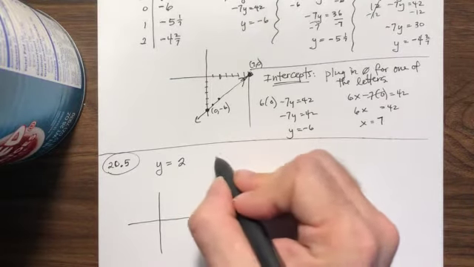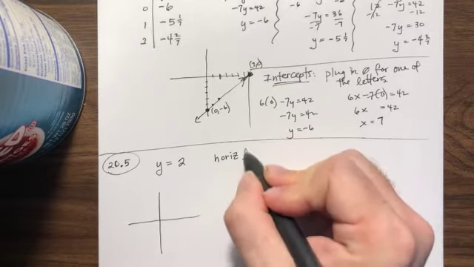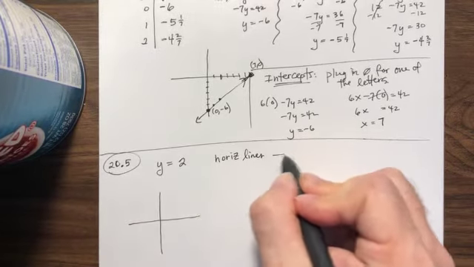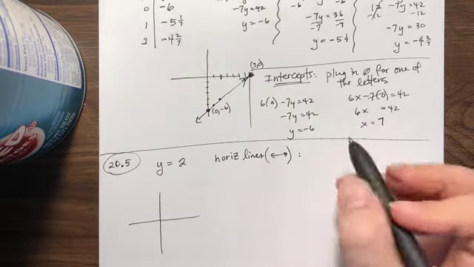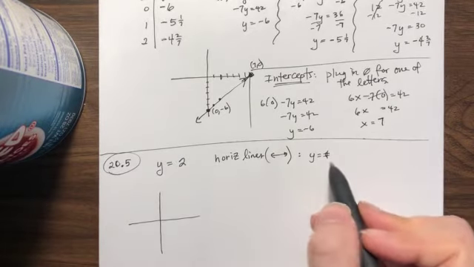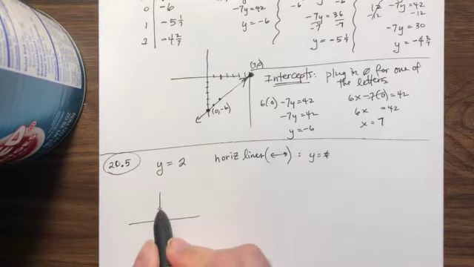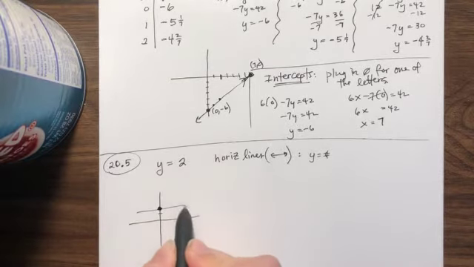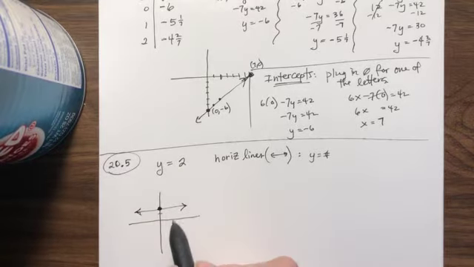Now, here's the thing I have to remember is that horizontal lines, which look like this, by the way, are always y equal to a number when you write out the equation. So since this is y equal to 2, we're going to go up to 2 on the y-axis, and we're going to draw a horizontal line. And that is all there is to this.